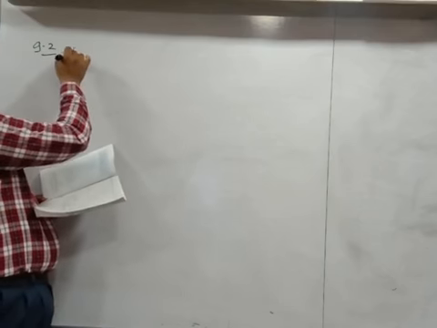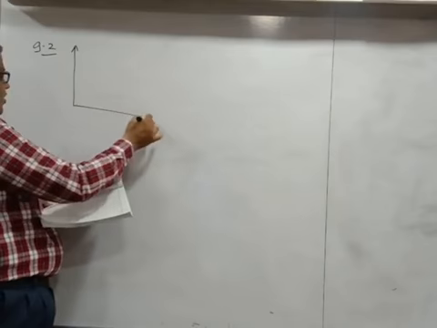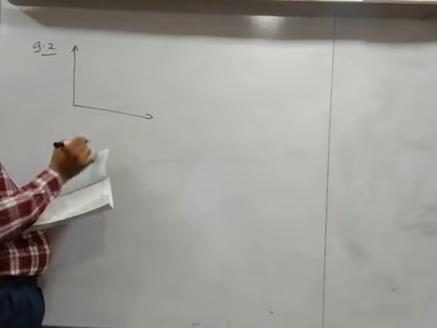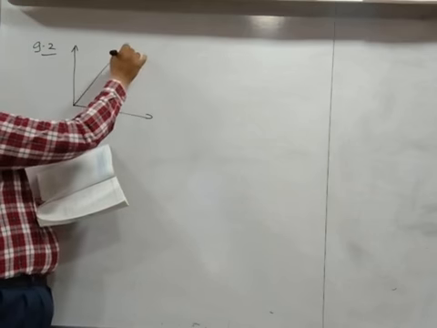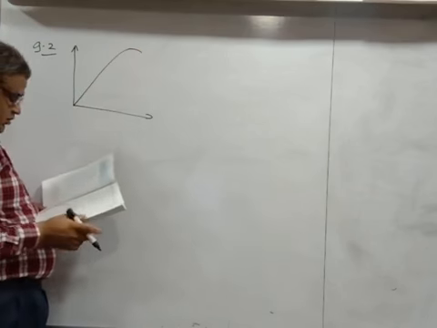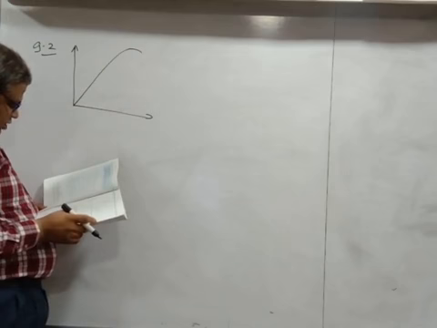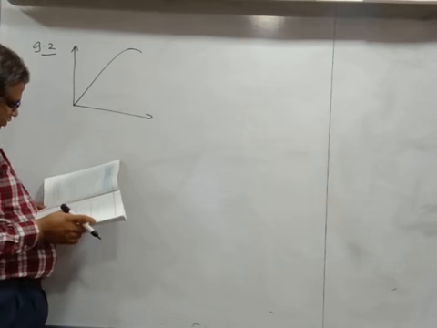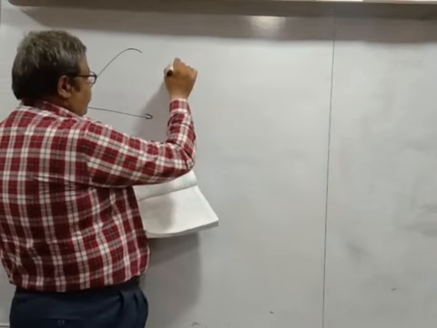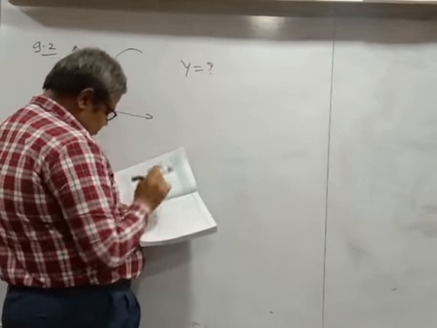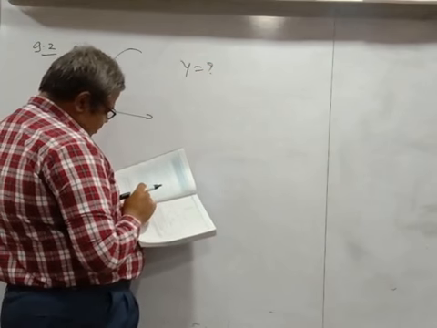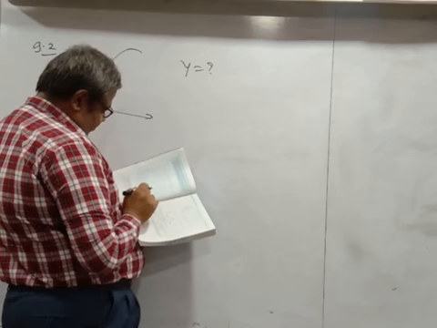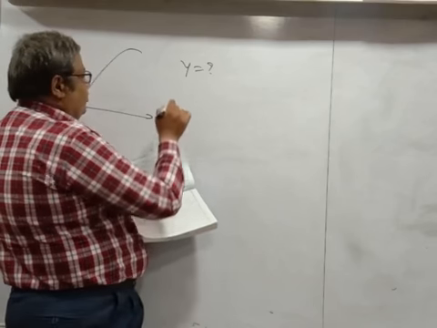So in question number 9.2, you are given a graph like this. This is your graph. And now they are asking us to find out what is the Young modulus for this and what is the yield strength for this material.